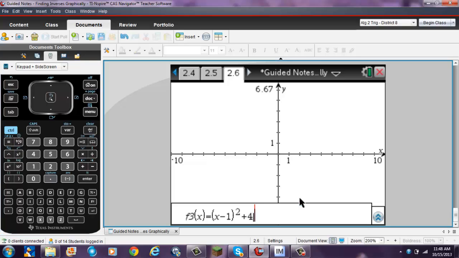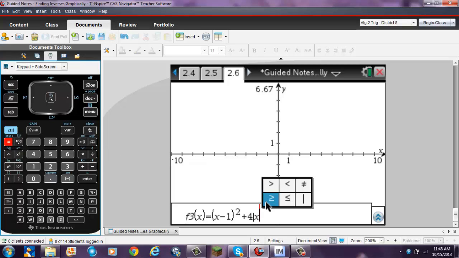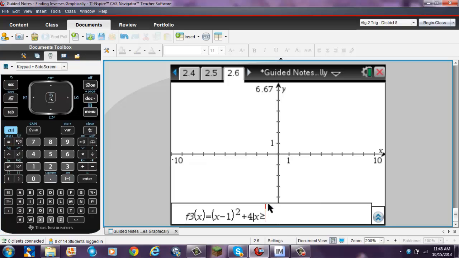That means such that, or restricting the domain to. And then restrict the domain. We only want to look at x's that are greater than or equal to, thinking about the graph, 1.